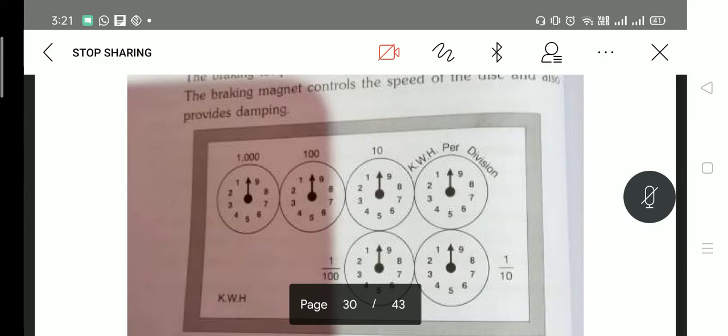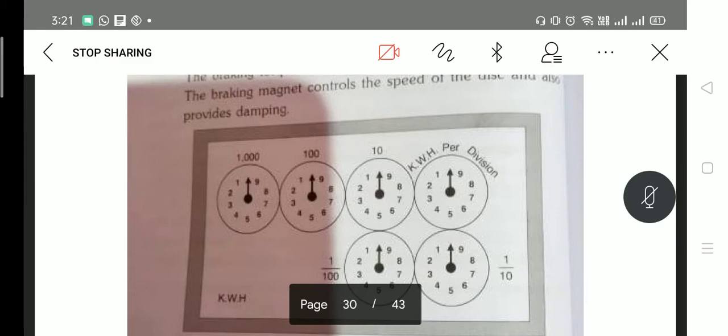Like that, however many revolutions we get, we can register in the registering mechanism. How many times it rotates: 0 to 0, 1. Again 0 to 0, 2. Like that, we get the number of revolutions in that meter.